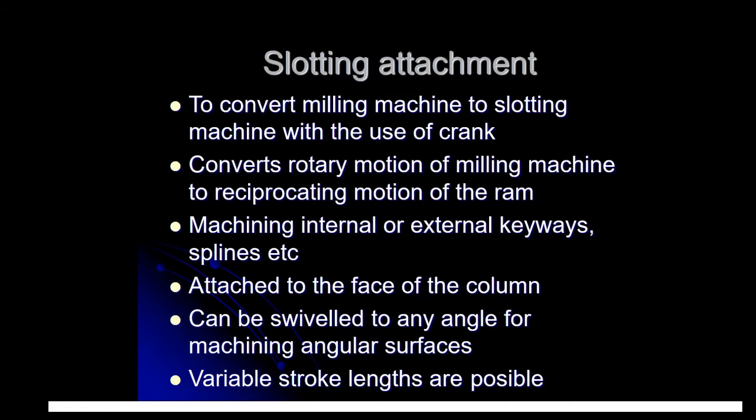They are used for machining internal, external keyways, splines, similar to that of a slotting machine, and they are attached to the face of the column of the milling machine. For machining slots in angular surfaces, these attachments can be swiveled to any other angle. In these slotting machines, various stroke lengths can be obtained.